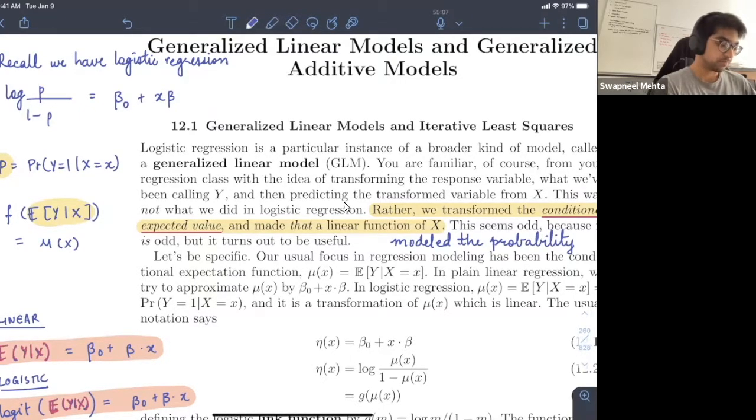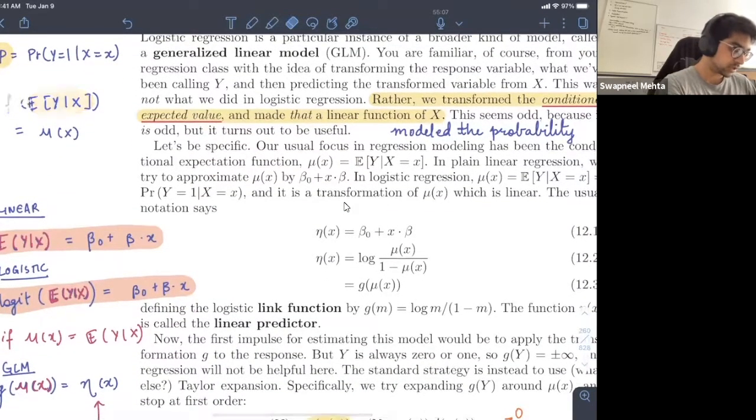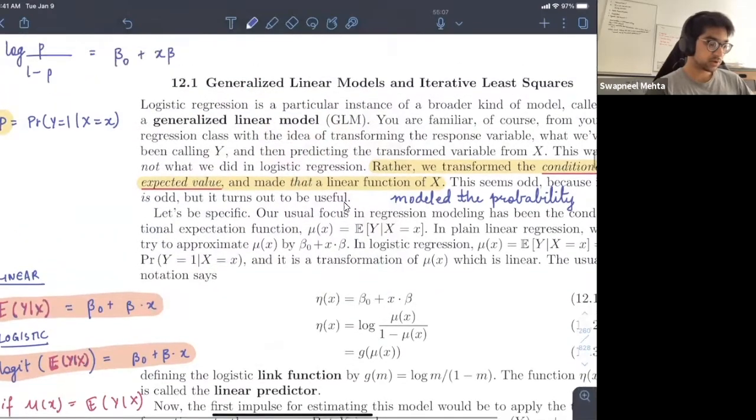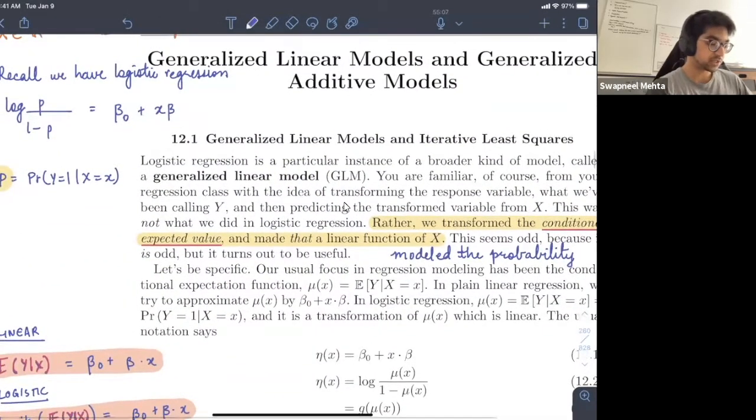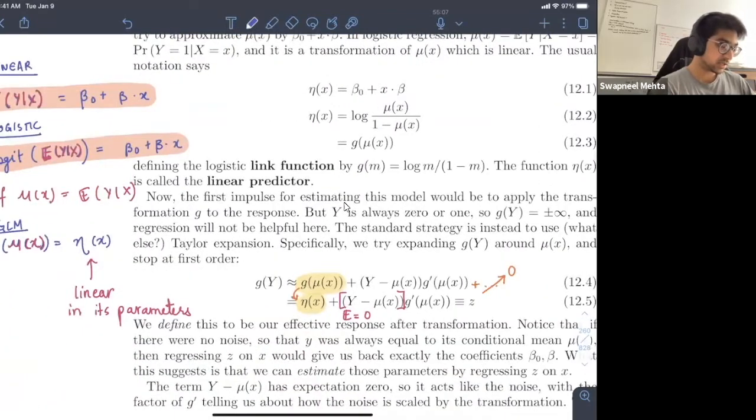So anyway, this is the formulation for logistic regression, and we are asking: how do you generalize this notion of a link function, this g, and this linear model in the predictors?